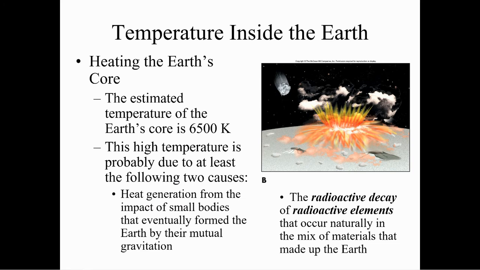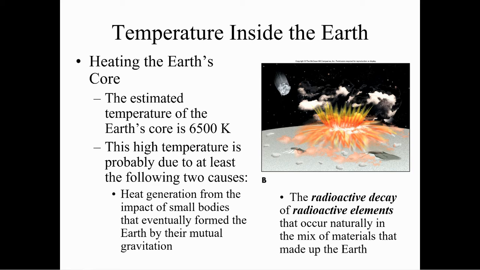So, the temperature inside the Earth, heating the Earth's core. The estimated temperature of the Earth's core is 6,500 Kelvin. This high temperature is probably due at least to the following two causes: heat generation from the impact of small bodies that eventually formed the Earth by their mutual gravitation, and the radioactive decay of radioactive elements that occur naturally in the mix of materials that make up the Earth.